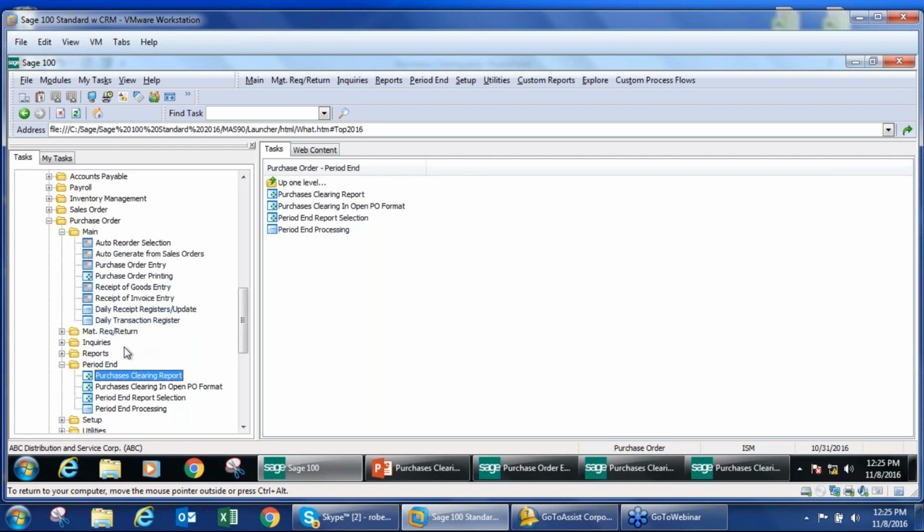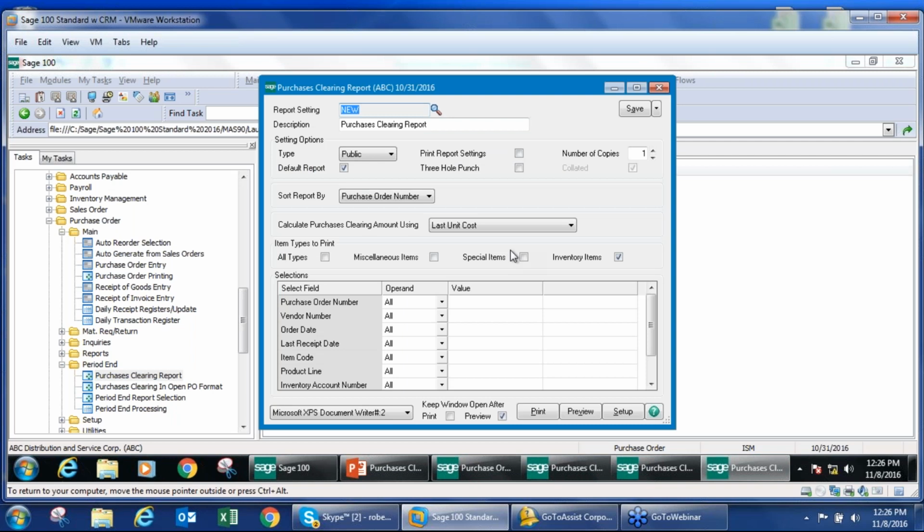Well, with miscellaneous items, what Sage does is it does not record any entries at the receipt of goods. It only records them at the receipt of invoice. So if you're interested at the end of the month in accruing any type of expenses from the PO module, you'd come in here and you would do miscellaneous items because you wouldn't have inventory items.